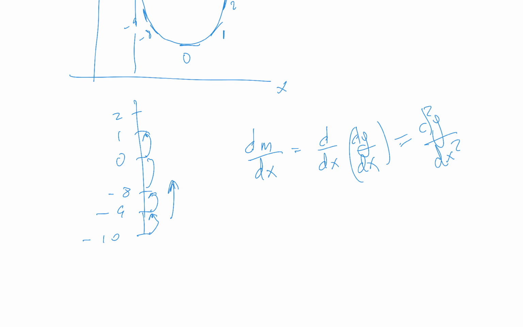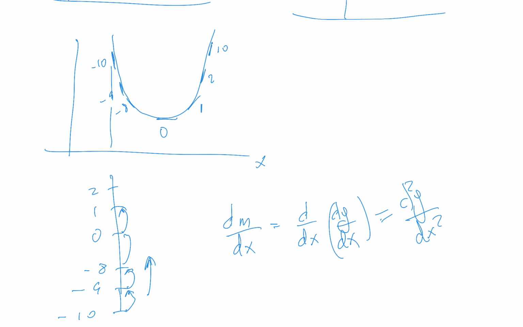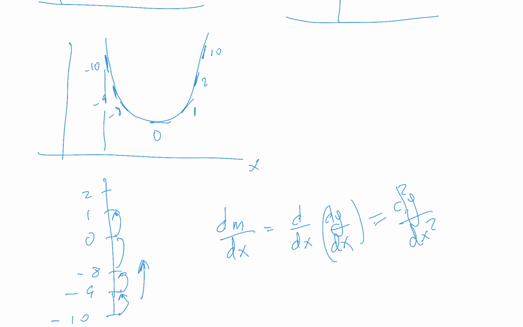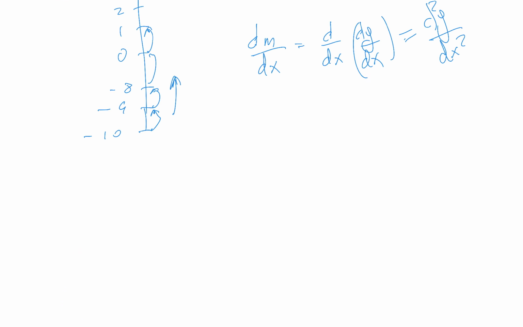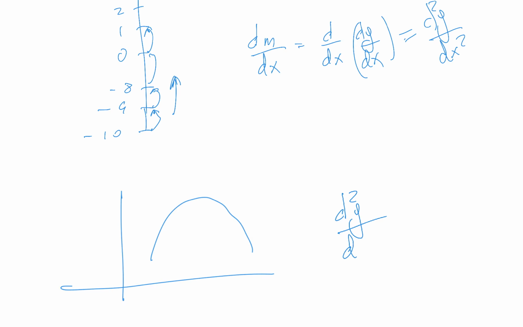So when you have a concave upward graph, the second derivative of the function with respect to x squared is positive. The changes in the slope are always positive. Meanwhile, when you have a concave downward function, you are moving in this direction and the slope is decreasing.